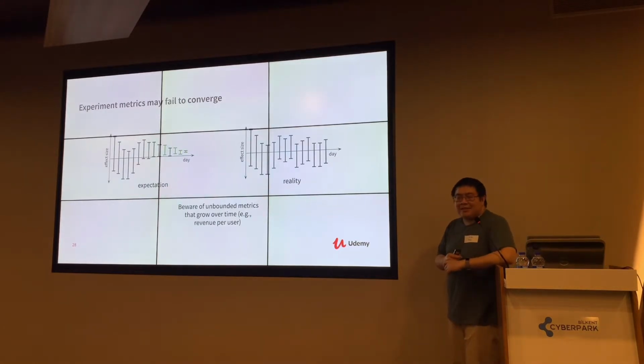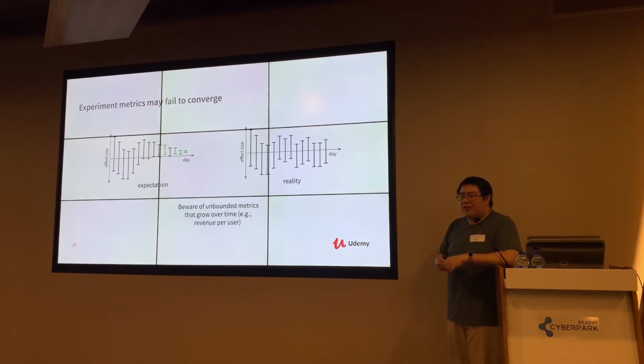Another thing that can happen that's weird, and we've actually encountered this one as well at Udemy, is sometimes you think, okay, well, I'm running my experiment, and if I run my experiment longer, then eventually I'll have enough users in my experiment, and I will be able to see some statistical significance in the results. But there are some cases where what you find is that the longer you run an experiment, you don't actually see any more conclusive results at all.